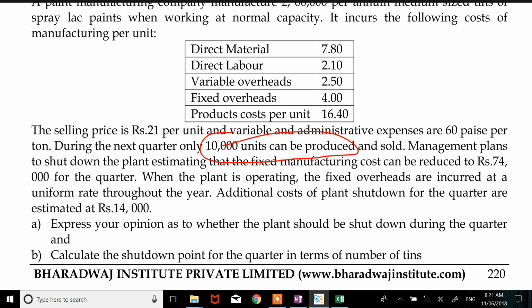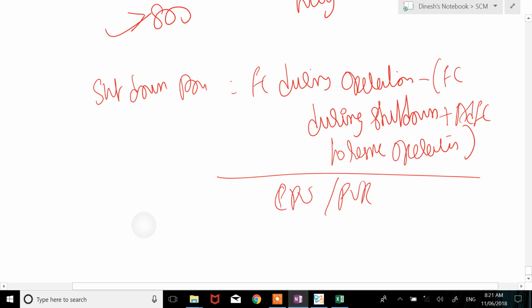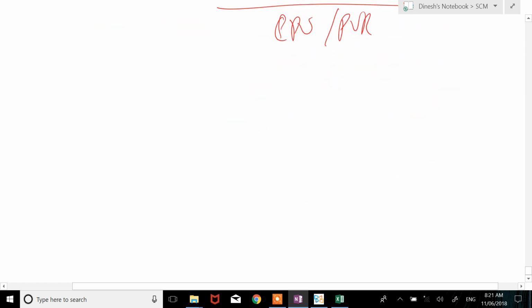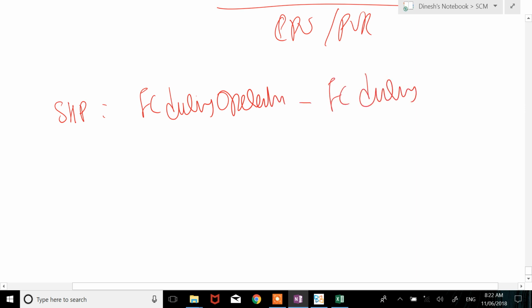Shutdown point equals fixed cost during operation minus fixed cost during shutdown minus additional fixed cost to resume operation.